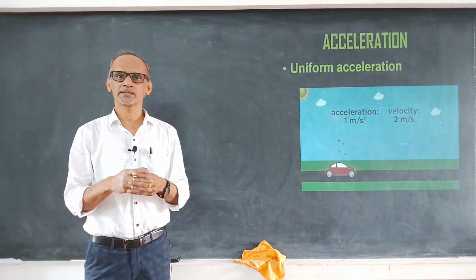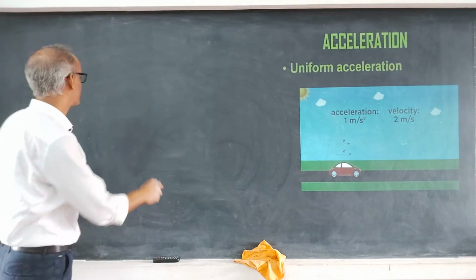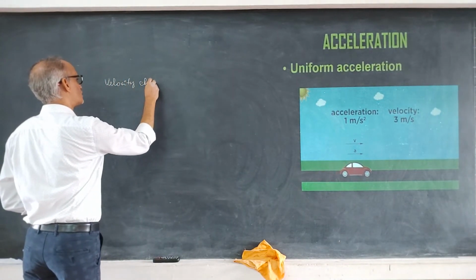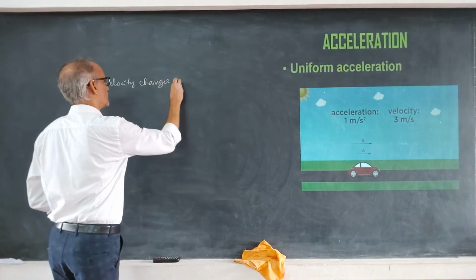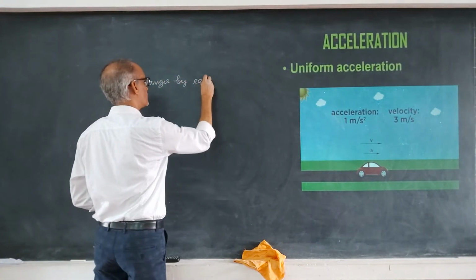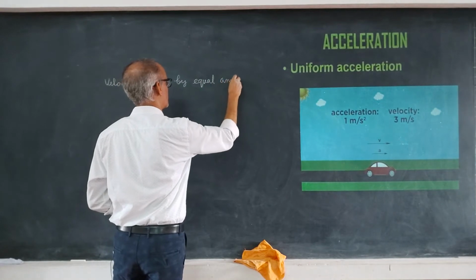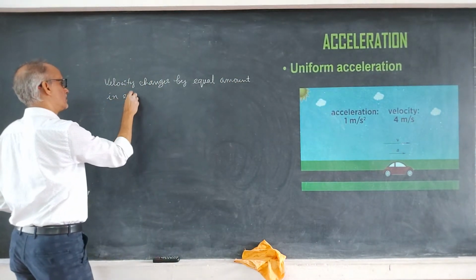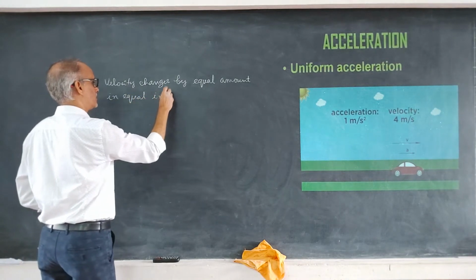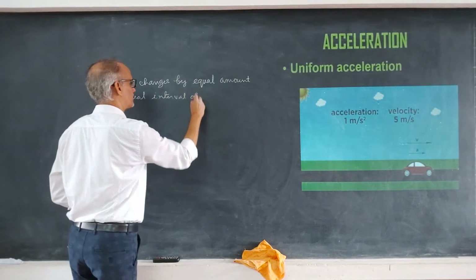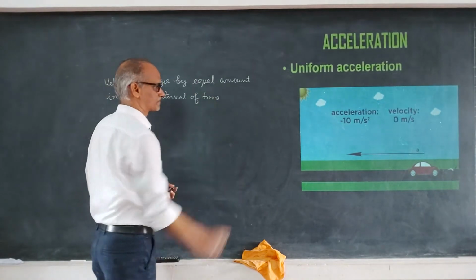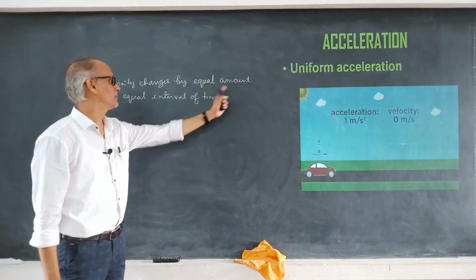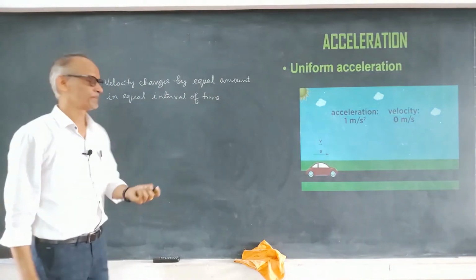Uniform acceleration means the velocity changes by equal amounts in equal intervals of time.